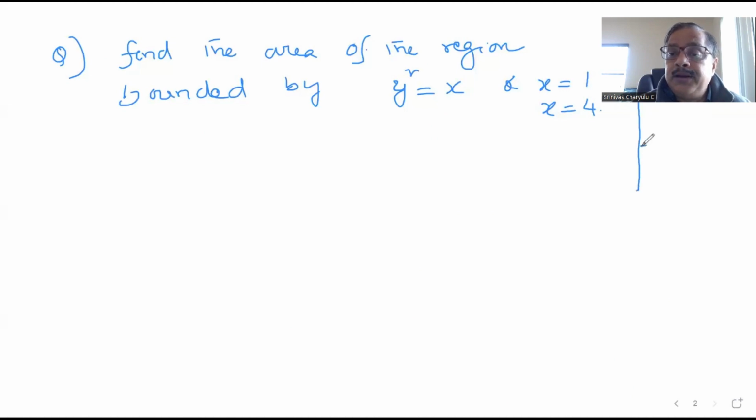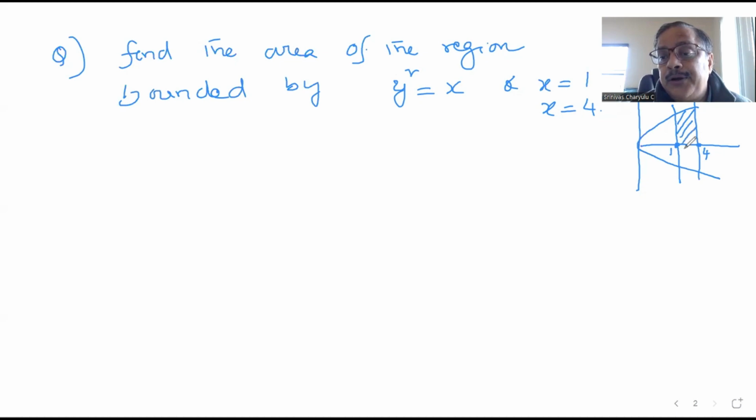So this is similar to the previous one, but without any limit at that time. Now we have got a limit. In this region they have defined, this is 1, and this is 4 on the x-axis. So now we have to integrate this equation within this region.